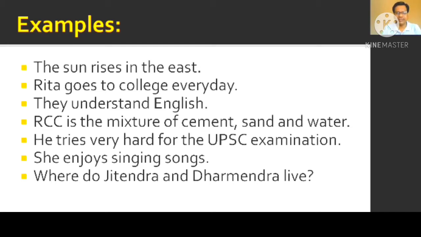Don't ever make it either the continuous form or else especially your past and the future. Because this is the universal truth and that cannot be changed at all. When you cannot change the universal truth, such kind of universal truths have to be expressed in the simple present tense.